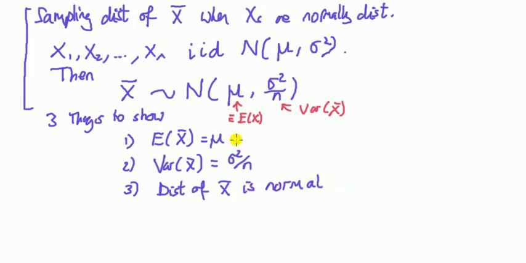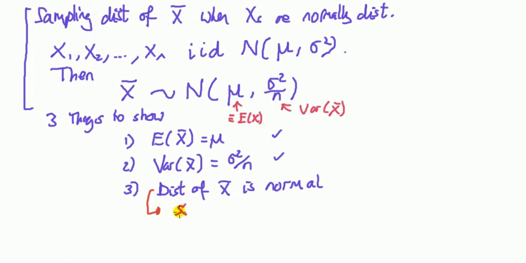Now, I'm going to prove the first two. This one, since you're doing an introductory course, you usually don't have to prove. You can do it by proof by hand waving, by saying that a linear combination of independent normals is again normal. So let's put this on the side.